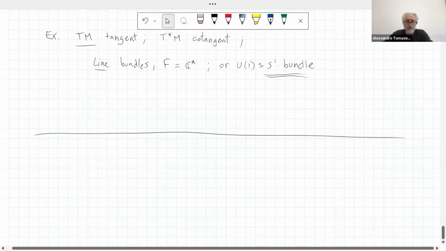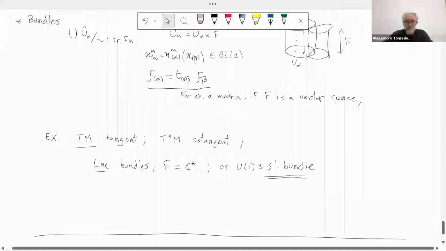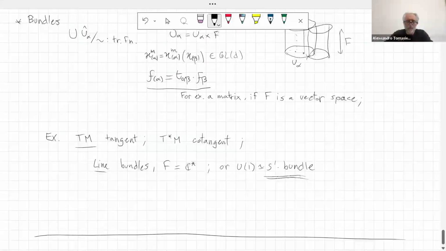Now we are going to see that sometimes these transition functions can be, quote-unquote, reduced. What do I mean?